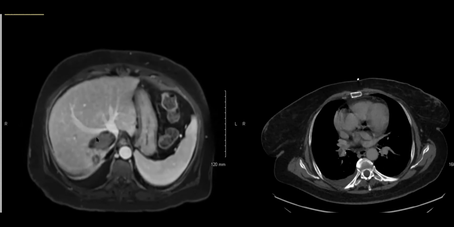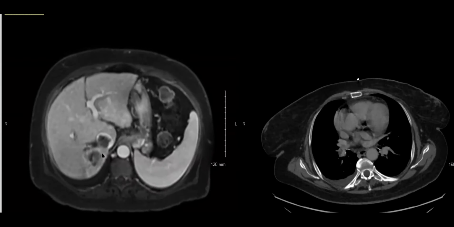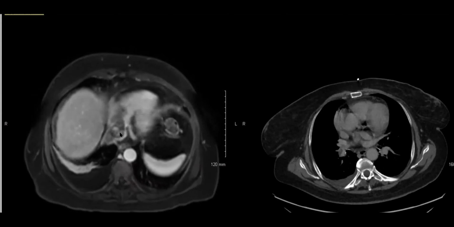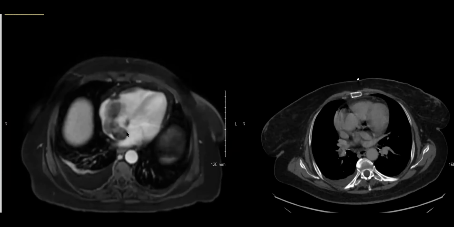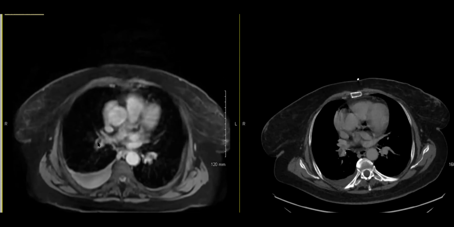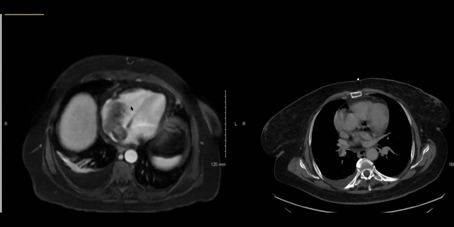There was some history of alcohol use, but that's how she presented, with a humongous HCC, and then this tremendous tumor in vein, which got into the right atrium, and she presents with PE. That's the largest tumor in the right atrium I've seen.